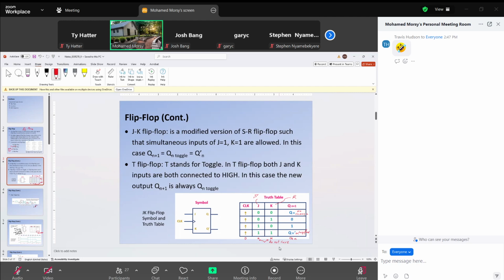The output, which we call Qn plus 1, is the same as the previous status, which we call Qn. Okay, so no change.